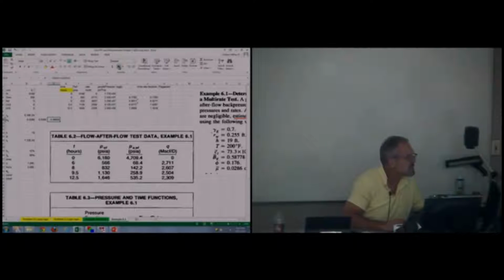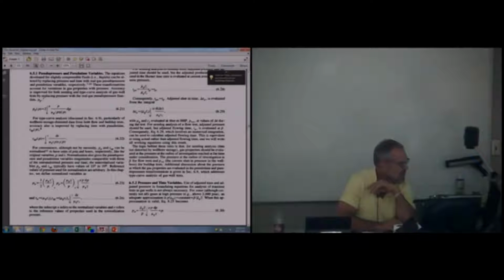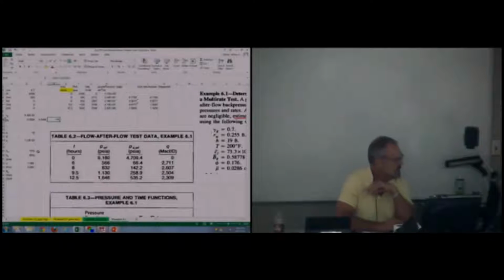Almost 7% off. Okay? Now, this is not going to have a huge impact on our final result, but normally I would use my viscosity so everything was consistent. But I want to match some of the numbers in their book, so I'm going to use their viscosity. So what are we looking for? We're looking for 1/2 mu z over p.